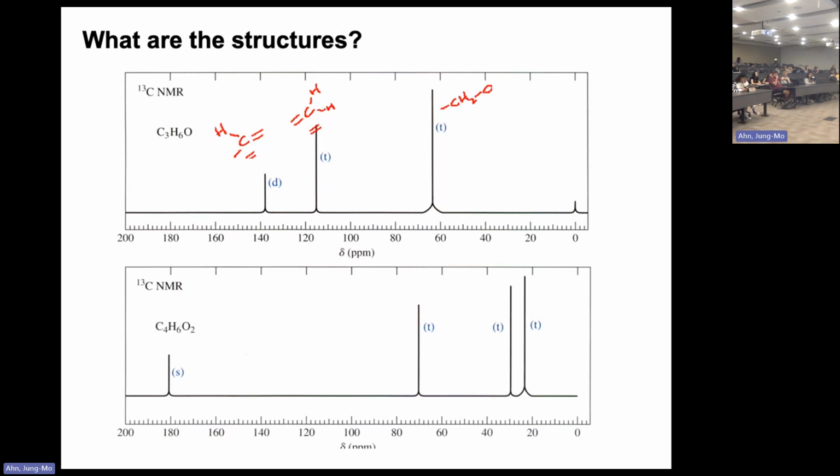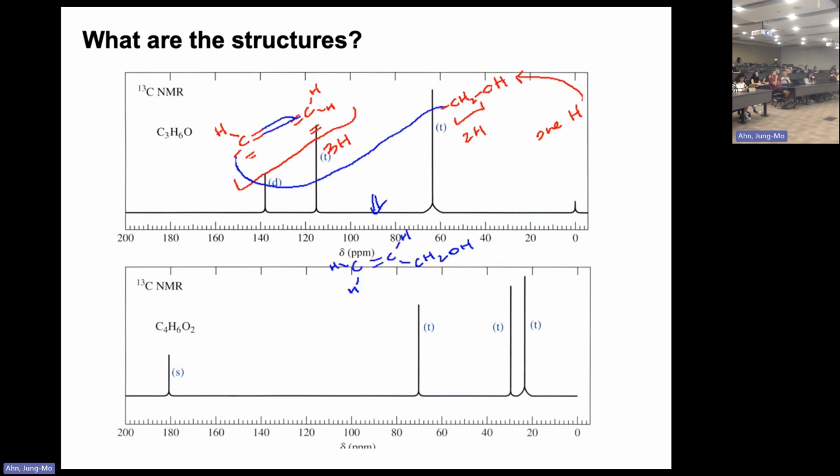And that's very easy to place as an alcohol. So this will complete the structure by putting it together, right? These 2 have to be put together, and then this end has to go there. So you will have the structure of the molecule that will give out this particular carbon spectrum.